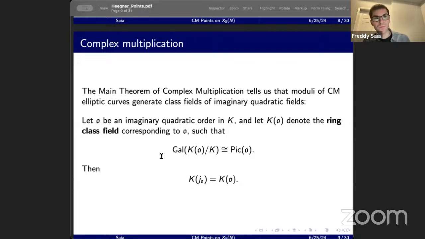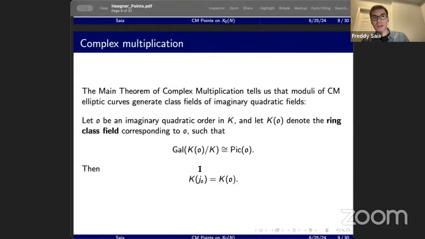So if you fix an order, let K of O denote the ring class field corresponding to O. That's just the class field associated to this Galois group. It's an abelian extension of K with Galois group the class group of your order, which has size the class number of your order.